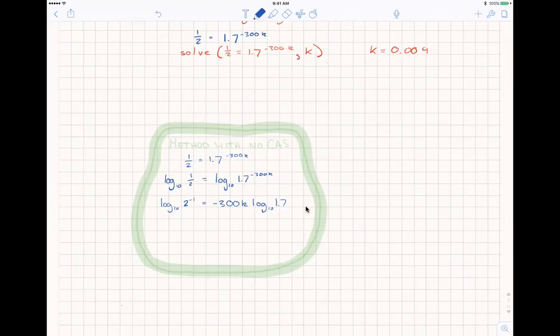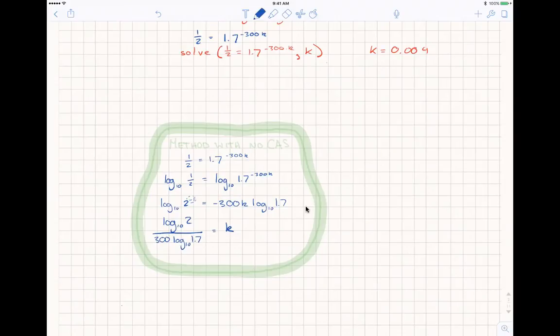If I take the negative out the front as well, then the negatives should cancel. So we'll get log 10 of 2 divided by 300 log 10 of 1.7. Now that gives us an exact answer for K.